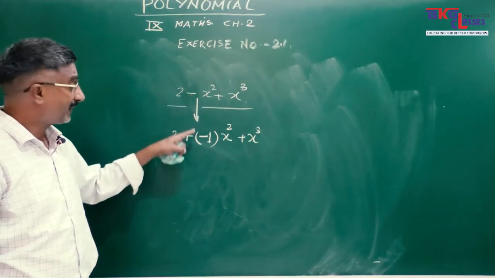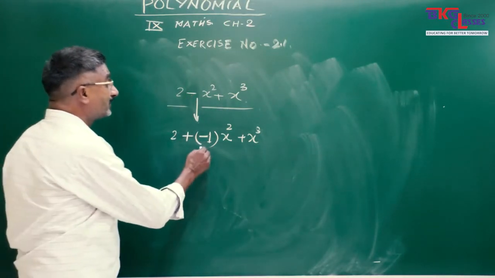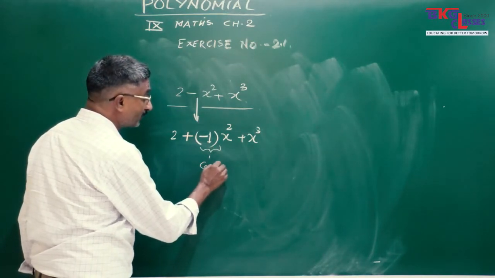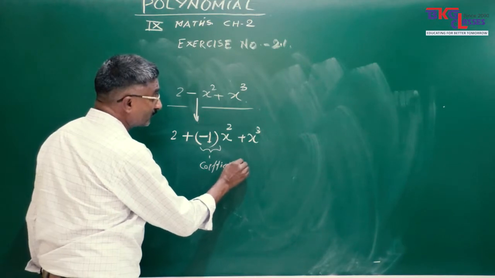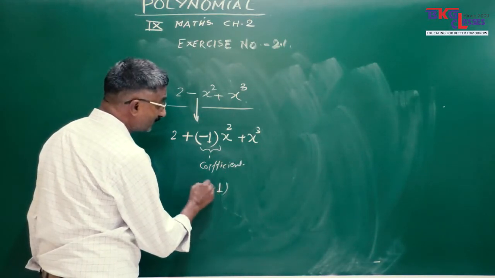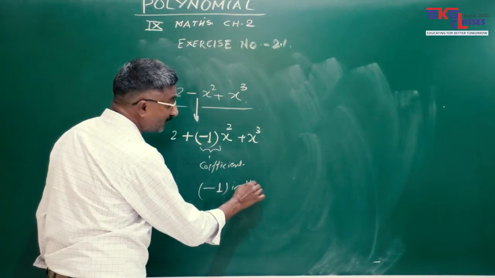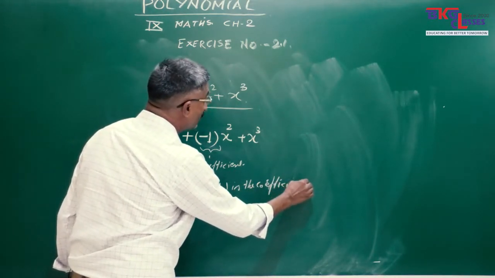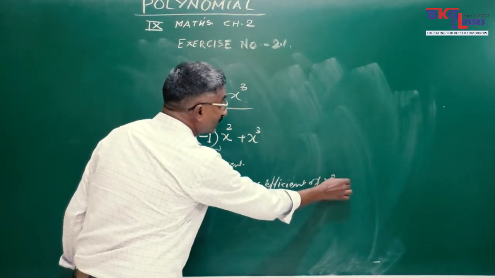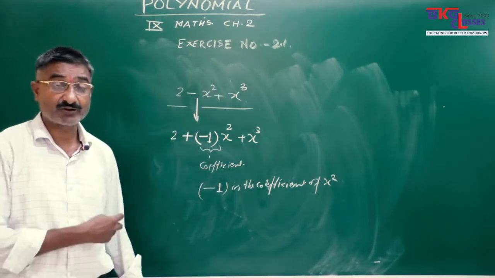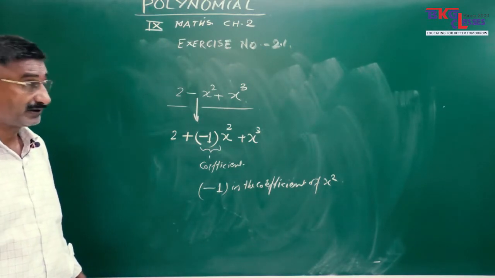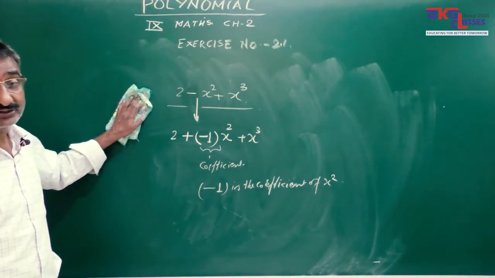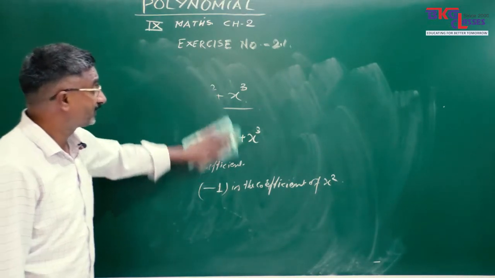So, I can write minus 1. This is the coefficient. So, minus 1 is the coefficient of x square. Clear? So, you have to concentrate on the sign also, whether it is plus or minus with the constant. Clear?